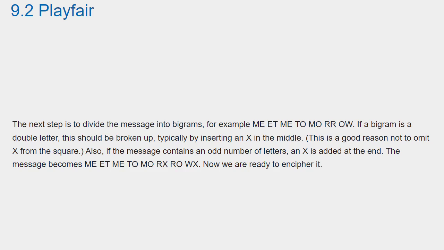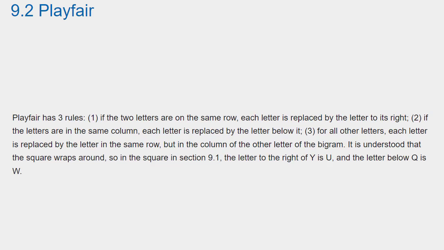If a bigram is a double letter, this should be broken up, typically by inserting an X in the middle. This is a good reason not to omit X from the square. Also, if the message contains an odd number of letters, an X is added at the end. The message becomes MEETMETOMORXROWX. We are now ready to encipher it.